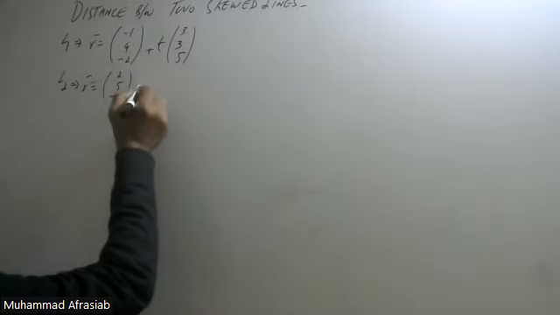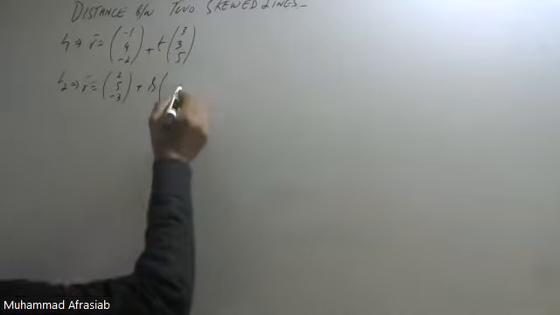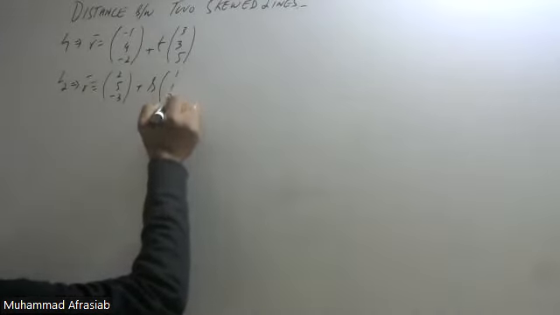And line L2 has the equation, passing through the point (2, 5, -3) plus s times (1, 1, 2).